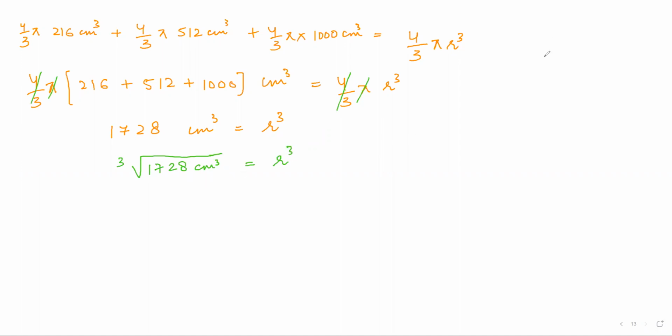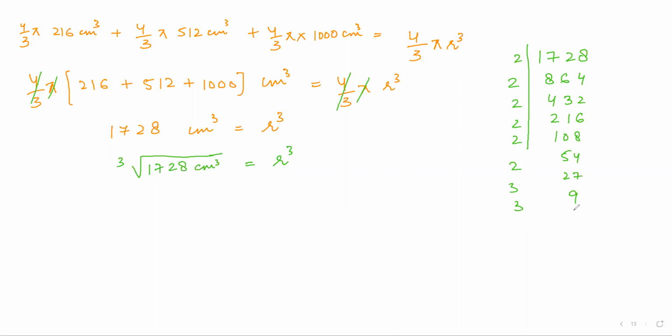So let us find the cube root by prime factorization method. Let's start with 2. 2 into 8 is 16, then 6 and 4. 2 into 4, 2 into 3, 2 into 2, 2 into 1. Then 2 into 20 and then 7, then 3 into 9, 3 into 3, 3 into 1. So you have cube root, so make groups of 3 like this.